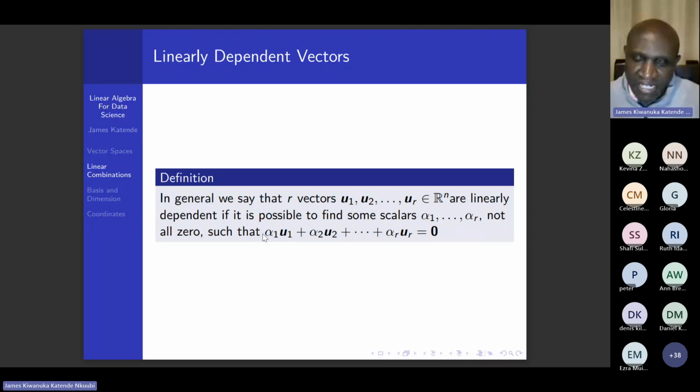And then I divide everything by alpha 1. Then I'll be able to write U1 as a linear combination of the remaining vectors. You can do the same for any other vector in this expression. So it still fits in with our definition where any vector in here can be expressed as a linear combination of the remaining vectors.